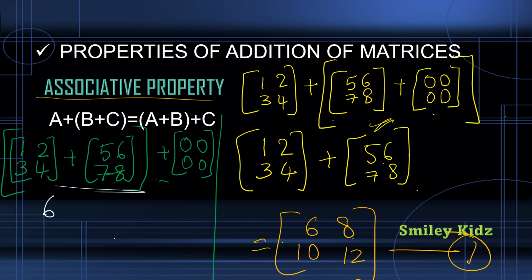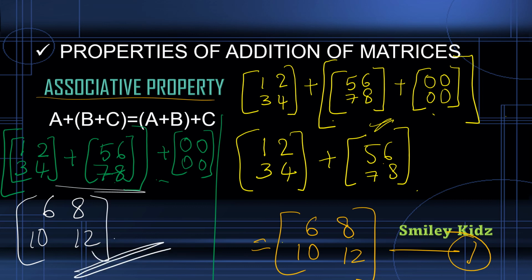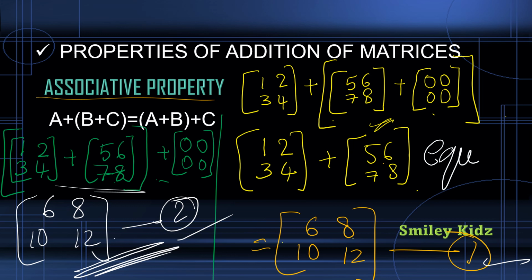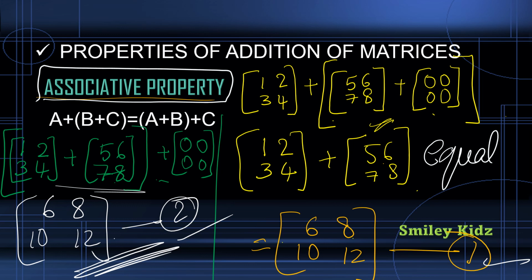This is going to be 6, 8, 10, 12, isn't it? Then we have plus 0, 0, 0, 0, which is nothing but 6, 8, 10, 12 again. This is result number 2. Compare result number 1 and result number 2: they are equal, right? So this is the associative property.